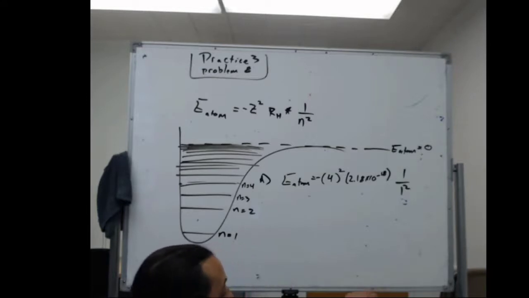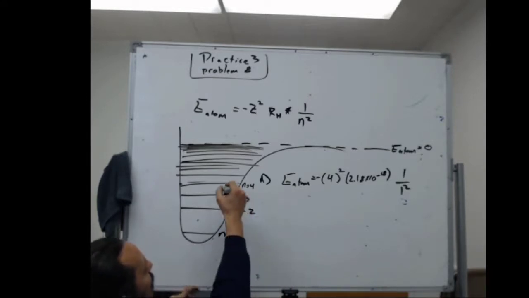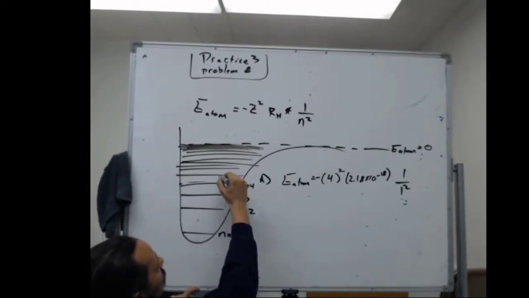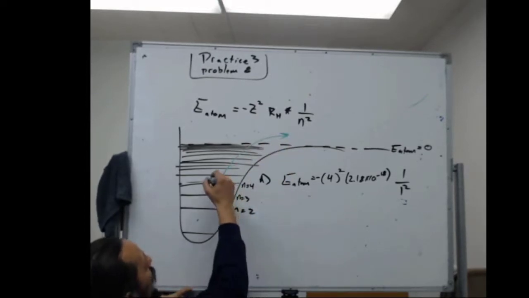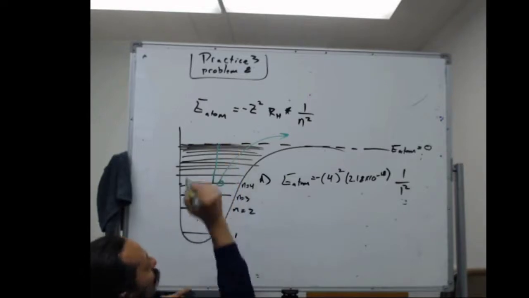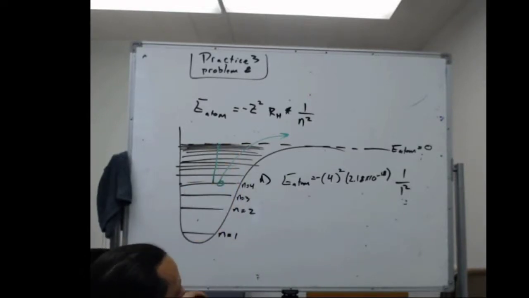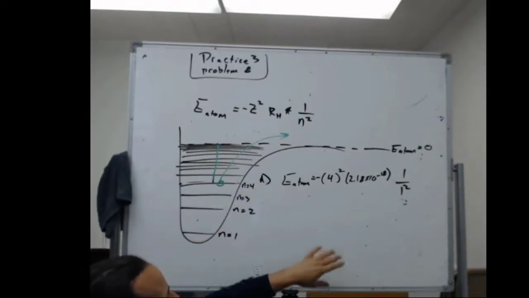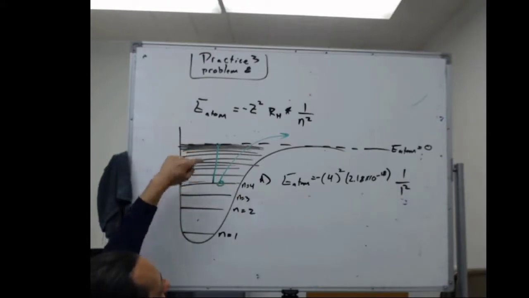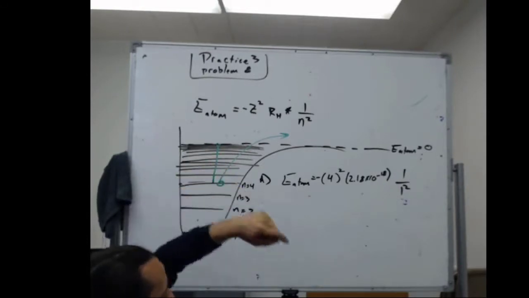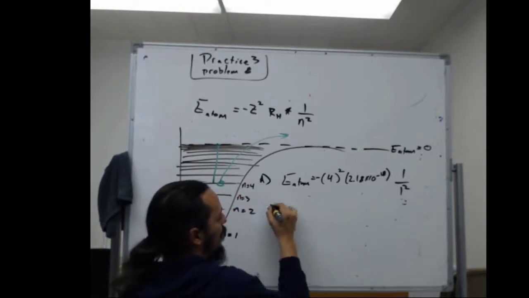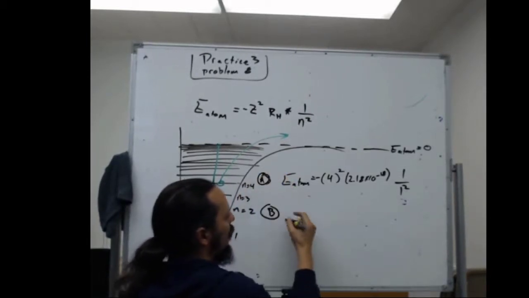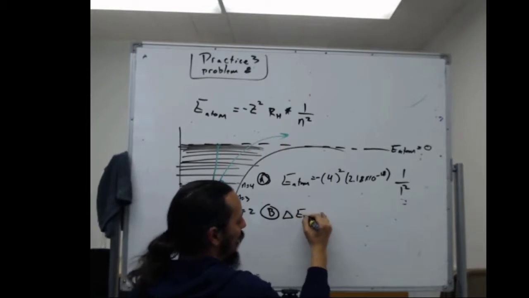So again, reading the definitions, ionize means we take this electron and we just completely send it out. So we're going to go from n equals 4 all the way out. Now this means I'm going to have a difference between two energy levels. And so we're going to be looking at, instead of the energy of the atom, for part B, the change in energy of the atom.